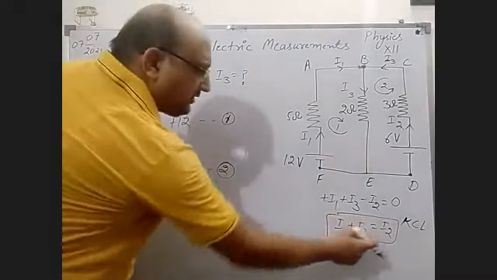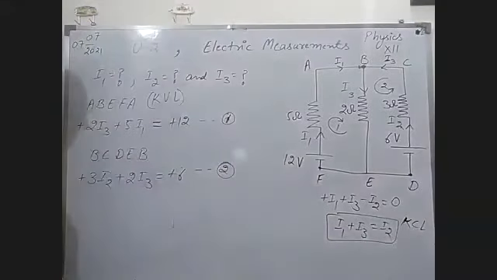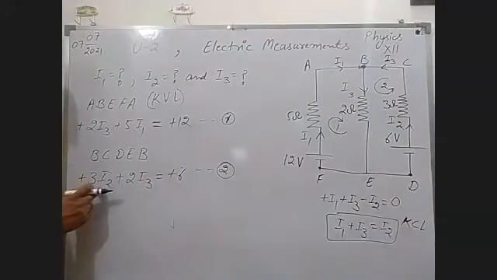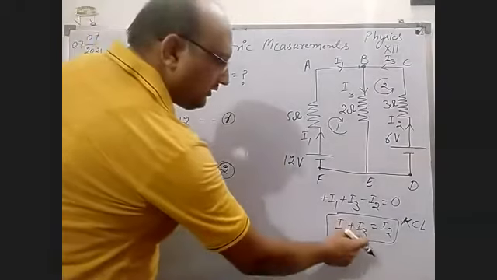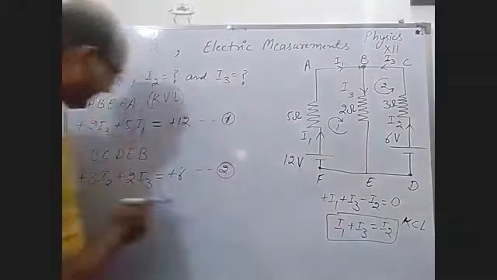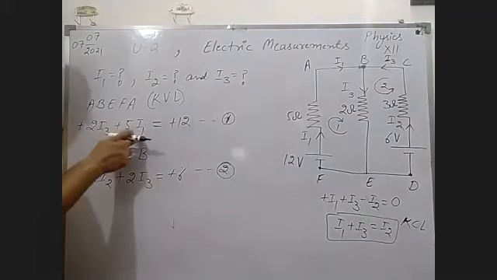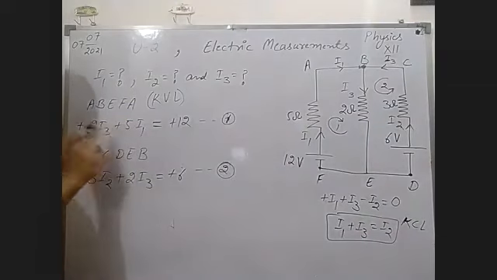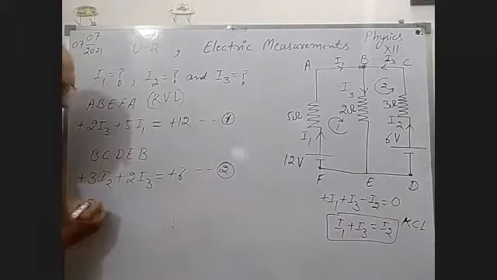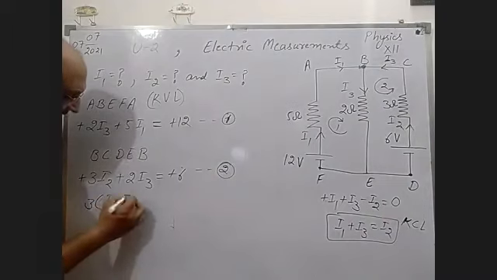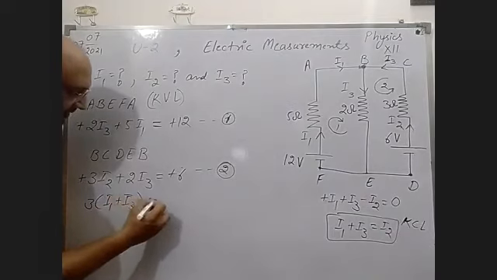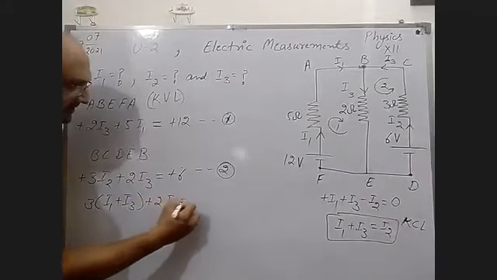Here I2 is equal to I1 plus I3. If I put the value of I2, I1 plus I3, in this equation, then this equation will become similar in I1, I3 form. So 3 times I1 plus I3 plus 2 I3 is equal to 6.